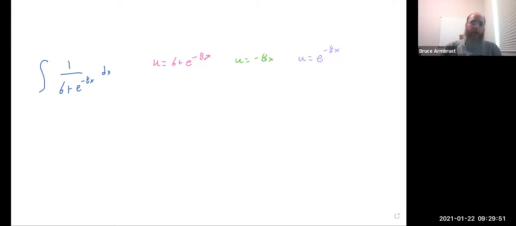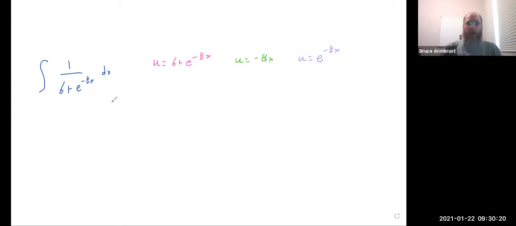The 6 plus e to the minus 8x may not be quite as obvious, but that's definitely a nice form. It's going to give us 1 over u. I like 1 over u. The e to the minus 8x is probably the least obvious. Now it's going to give us 1 over 6 plus u, which we can anti-differentiate. We know that's going to give us a log form.